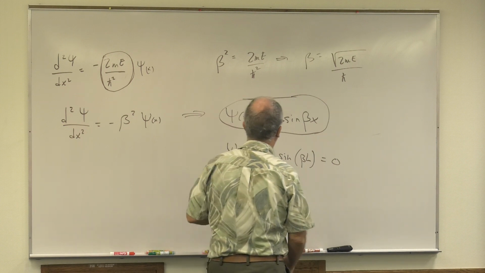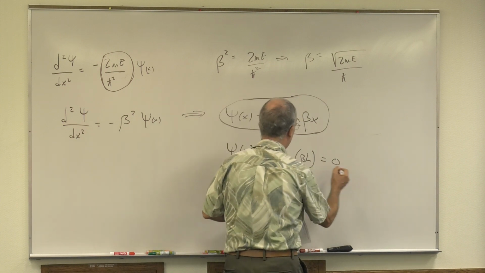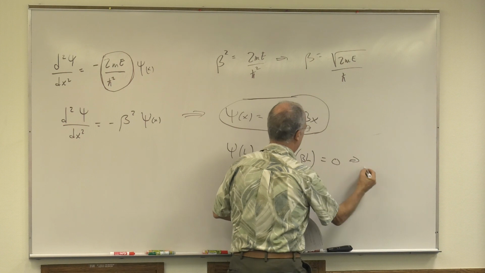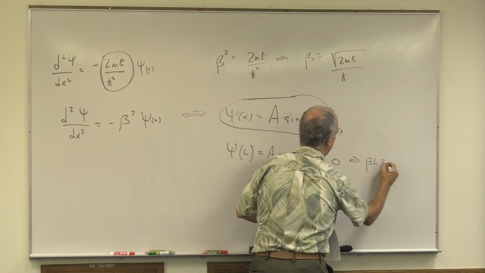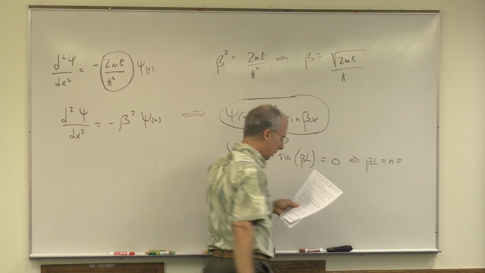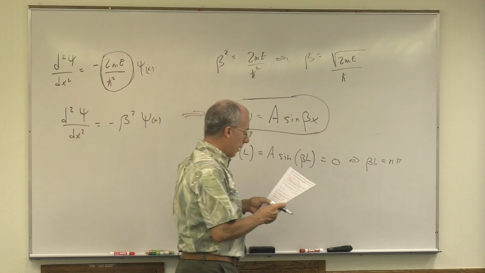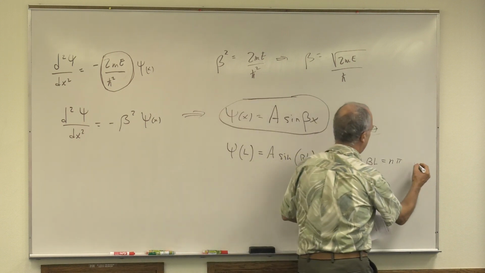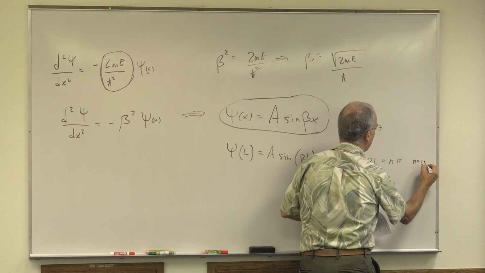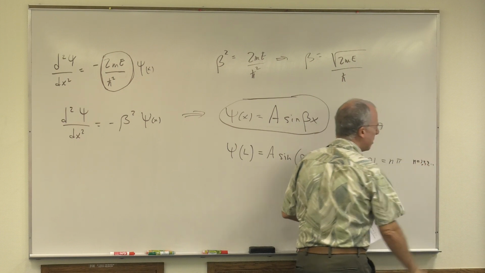All that. So this implies that beta L has to equal n pi. Now, we're going to say that n equals 1, 2, 3.